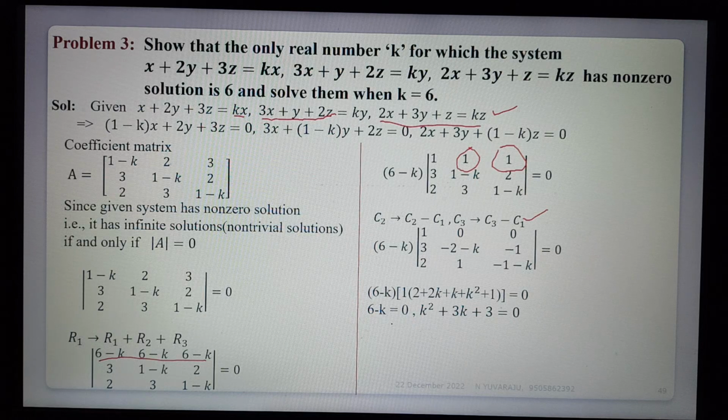Simplification: 6 minus k is equal to 0, and k square plus 3k plus 3 is equal to 0.